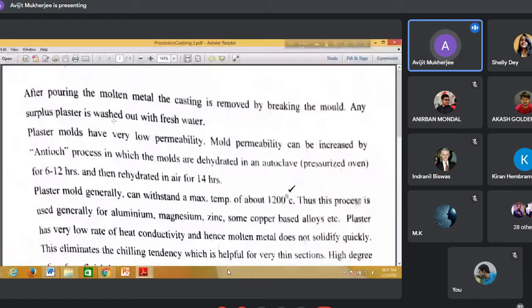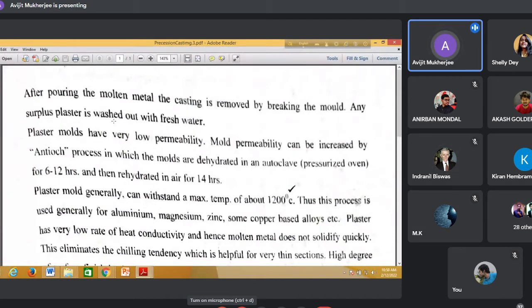So the question is how to increase the permeability of this plaster mold. There is a process known as Antioch. So what is Antioch?